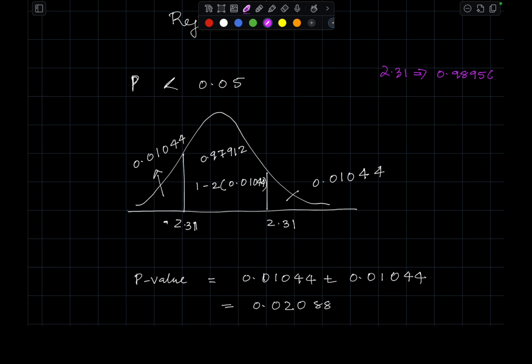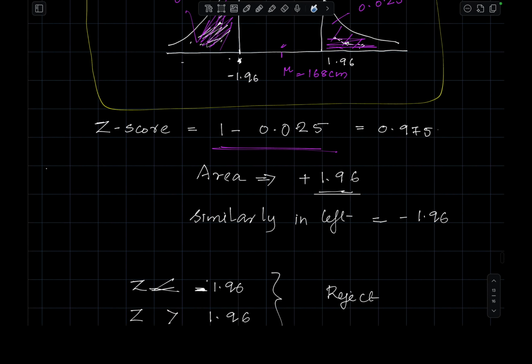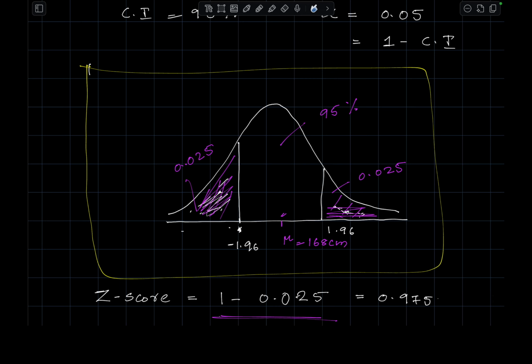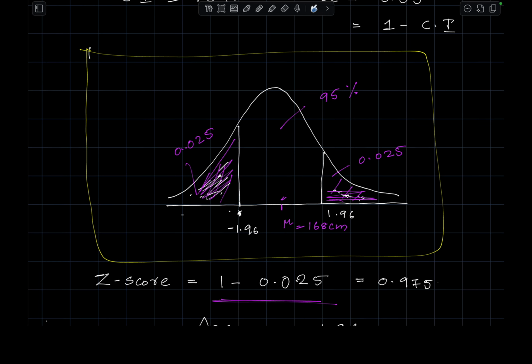So with a two-tailed test we had 2.5 percent on the right side and 2.5 percent on the left side, right? So here 0.025 and 0.025, and if we look at 0.025 for a two-tailed test, that particular Z corresponds to a score of 1.96.